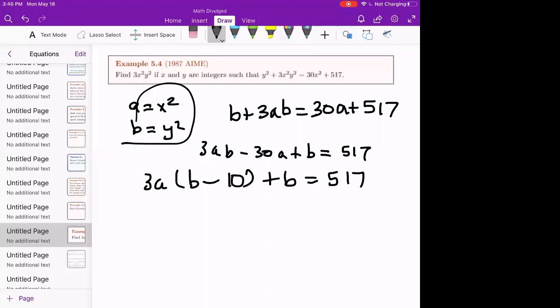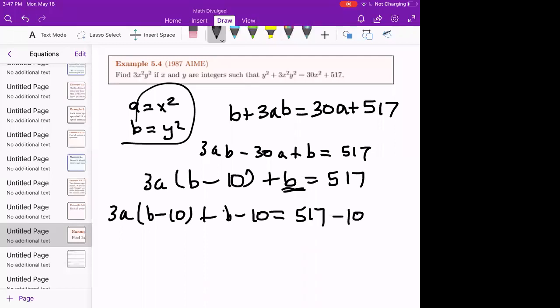So now, in order to make this work, we want this b right here to also have a b minus 10 term. This is a bit simpler than the previous question actually, because we can just subtract 10 from both sides. So we have 3a times b minus 10 plus b minus 10 is equal to 517 minus 10.